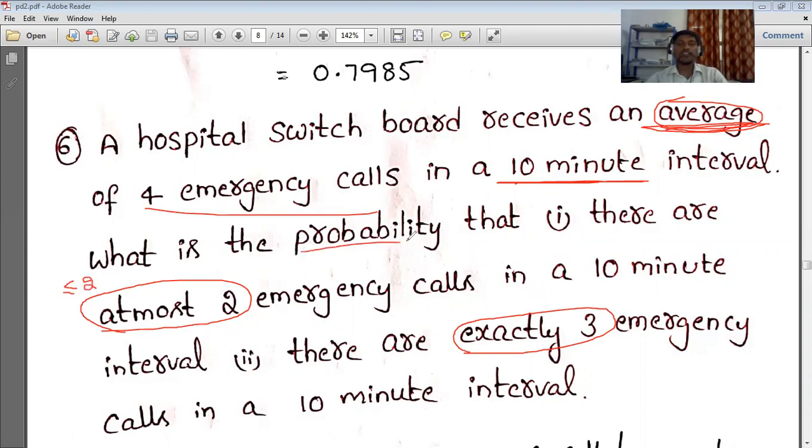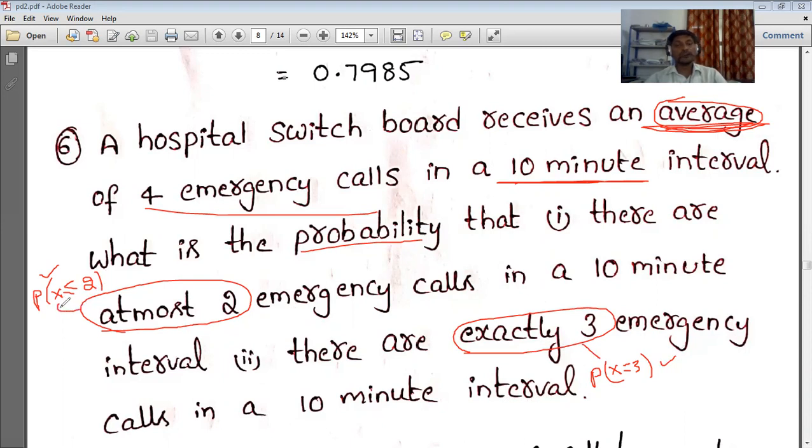They ask for probability, so P of x less than or equal to 2. And next, exactly 3: exactly is nothing but what symbol, equal to 3, and then we calculate the probability. So P of x is equal to 3. So these are the two things we are calculating here.